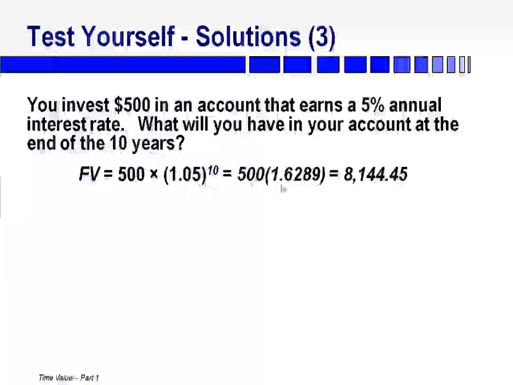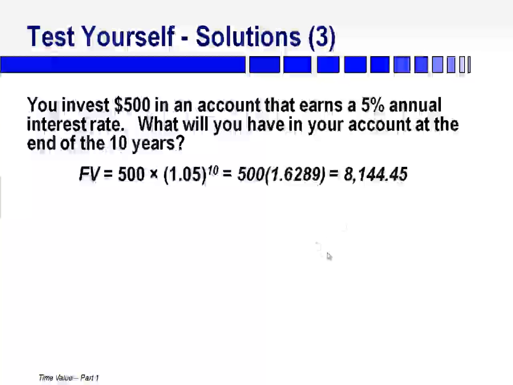So that would be 500 times 1.6289. The 1.6289 is this term here, and that's our future value interest factor. So the future value is $814.45.